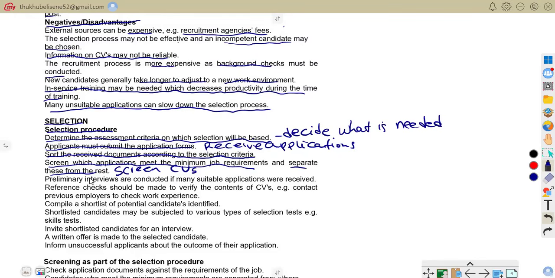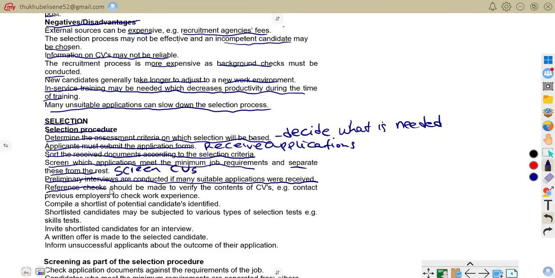That's what it means. Preliminary interviews are conducted if many suitable applications were received. So we conduct preliminary interviews and tests. For example, applicants complete a skills test.